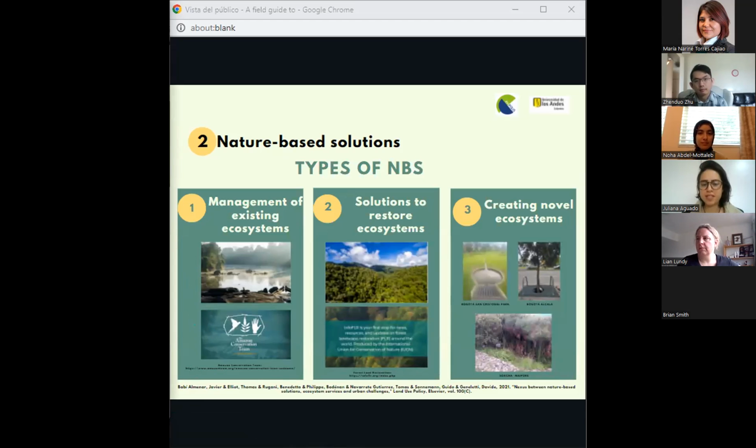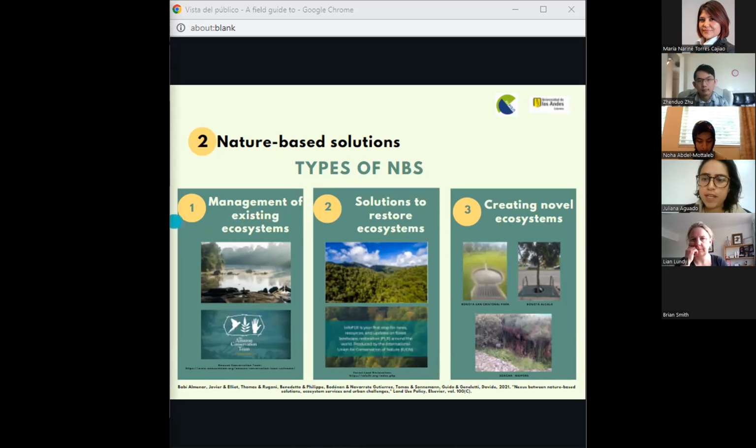So here I present the Almenar classification in order to understand where we are. According to this classification, there are 3 types of NBS. The first one is related with the management of existing ecosystems, all the policies of conservation of nature, and these are not structural solutions.